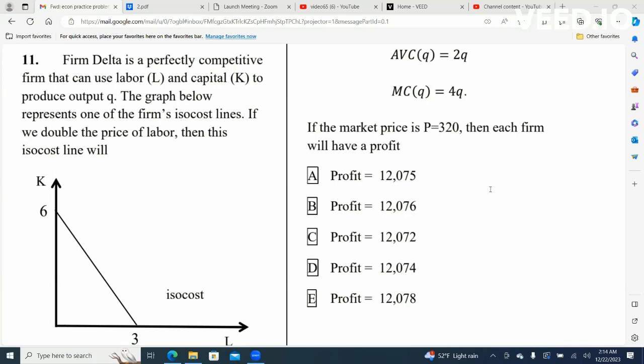Okay, so let's give this one a run through, number 11. We have the cost from the previous one. We always have the cost. We rearrange that for K. It is K as a function of L is what all these graphs are.